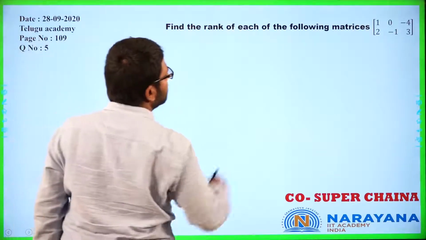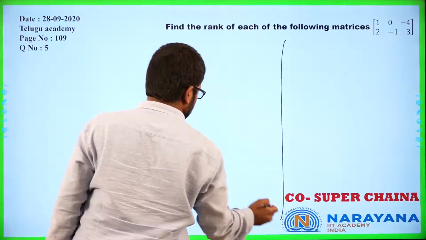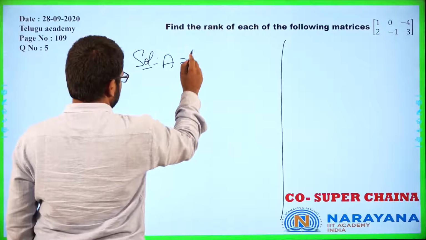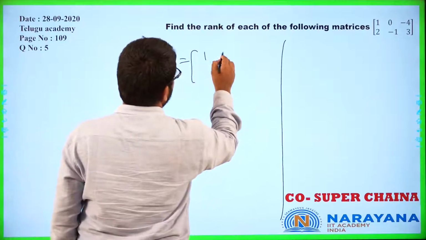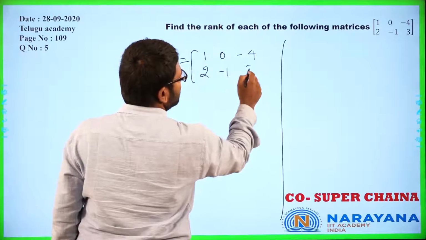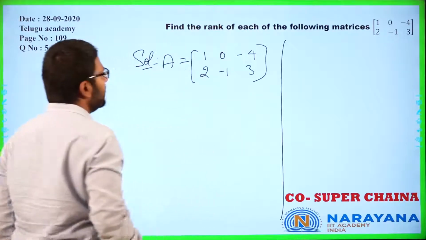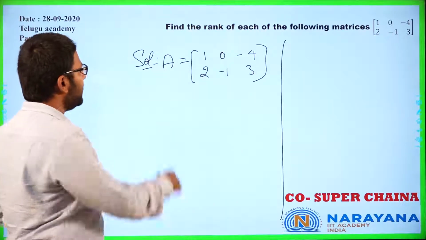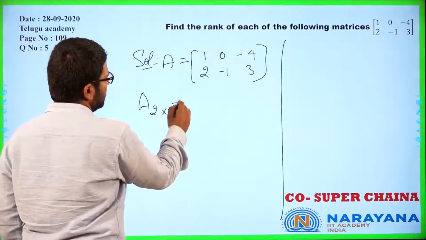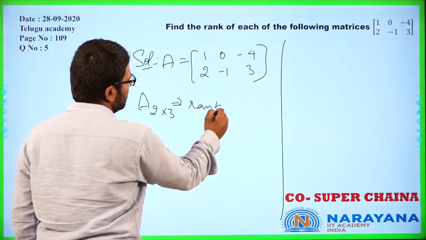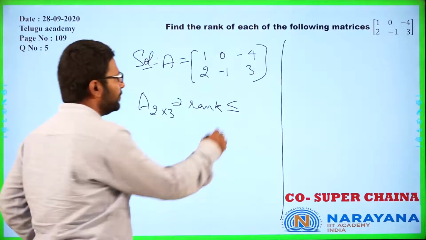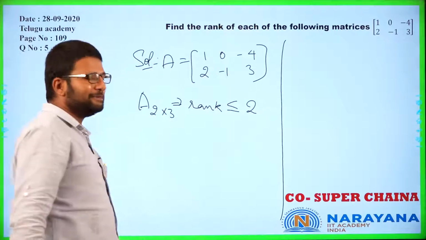Find the rank of this matrix now. One, 0, minus 4, 2, minus 1, 3, okay. Once again, because A is 2 by 3, rank must be less than or equal to which value? The smaller of these two, which is 2. Rank must be less than or equal to 2.